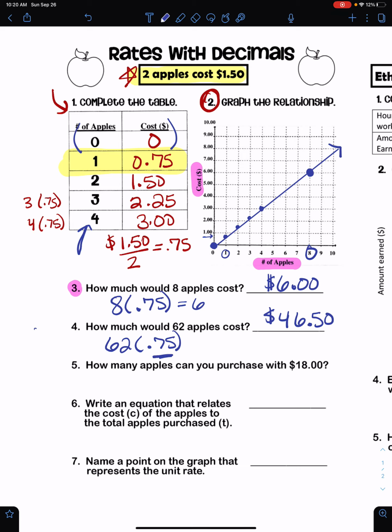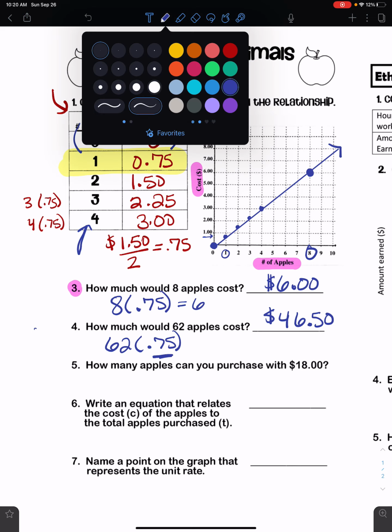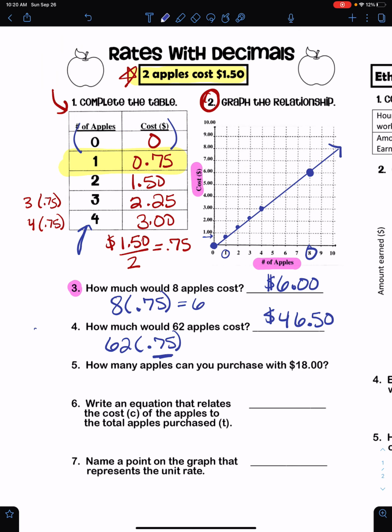How many apples could we purchase for $18? So for that one, different ways again that you could do it. You could say that like 75 cents buys 1 apple, and then you could do $18 buys how many apples, and see if you could figure it out that way.